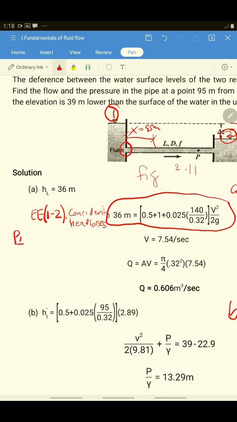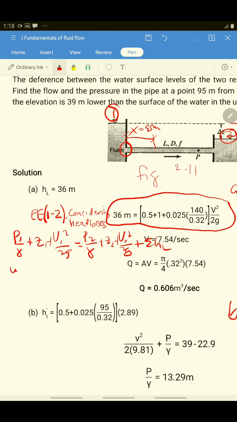In this case, you have P1 over gamma plus Z1 plus V1 squared over 2G is equal to P2 over gamma plus Z2 plus V2 squared over 2G plus summation of head loss.